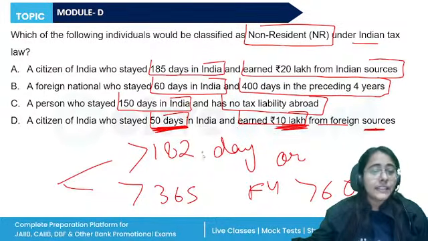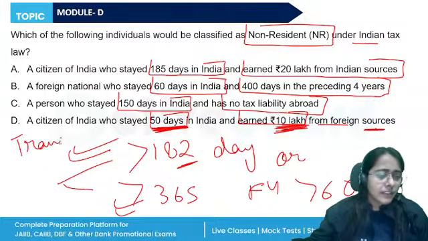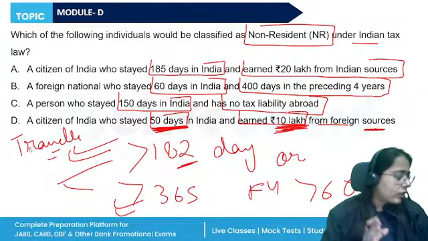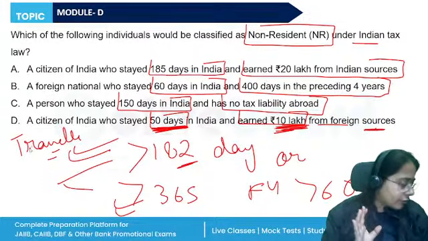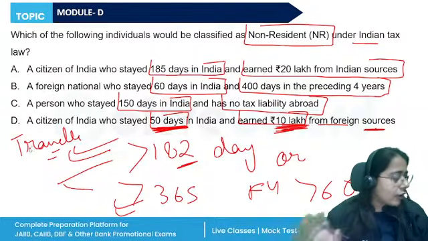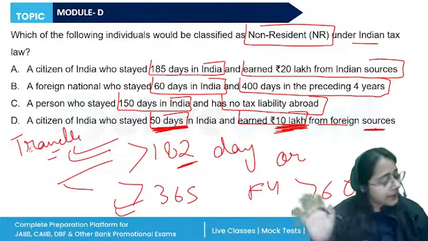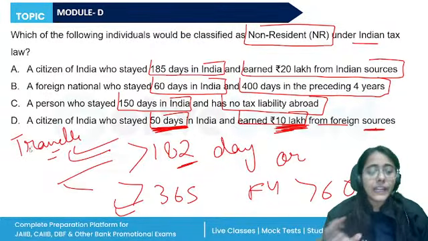Neither their stay in India is eligible nor they are earning anything. So, they could be a traveler, right? They came to India to travel. They visited Agra, they saw the Taj Mahal. Then they visited Delhi, they saw the Red Fort. They visited maybe the northeast, they went to the south, saw Rameshwaram, and they went back. Okay, so they are a traveler.